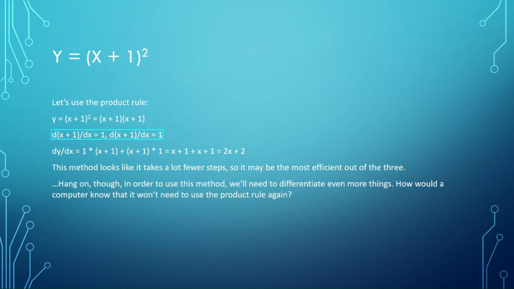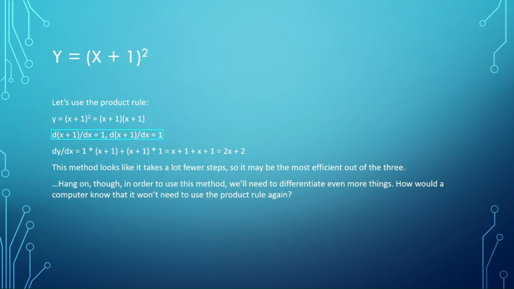Here, I'll show you. In order to use this method, we'll need to differentiate even more things. So we're trying to perform a differentiation of x plus 1 all squared, but in order to do that, we're performing more differentiations. So how would a computer know that it won't need to use the product rule again?